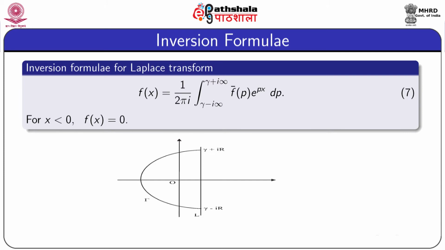If the function f bar p has some branch point, then the contour is to be modified in some different way.